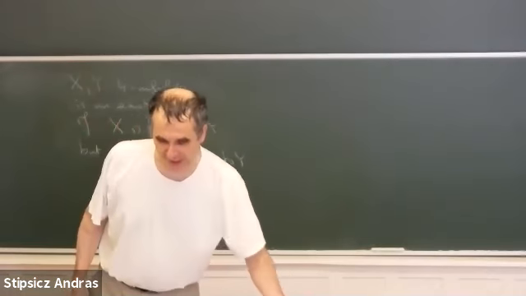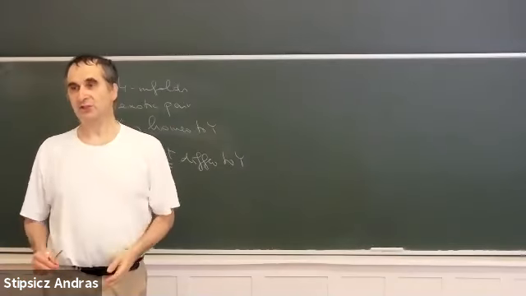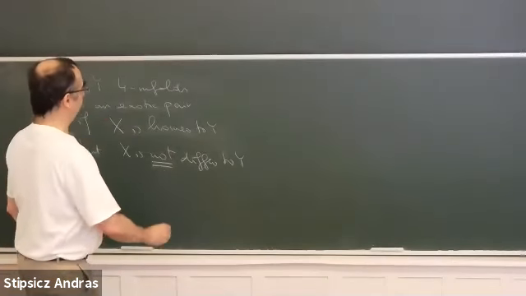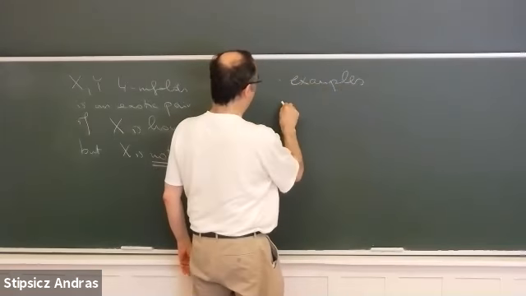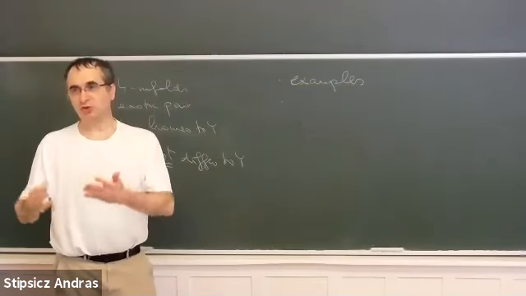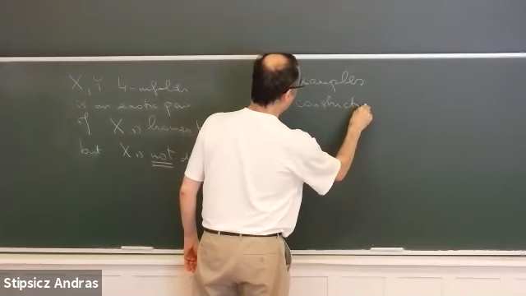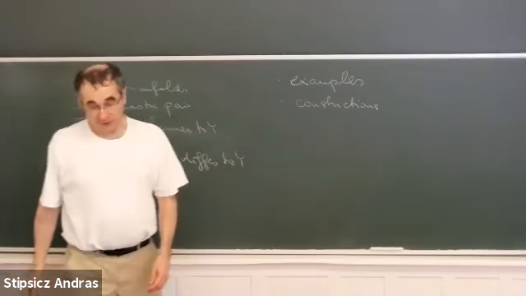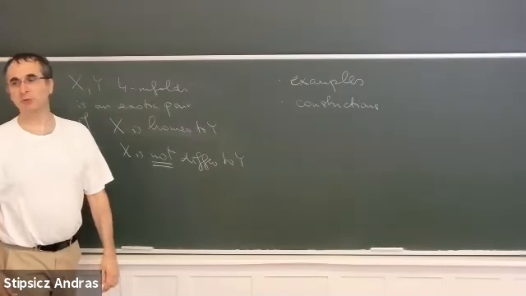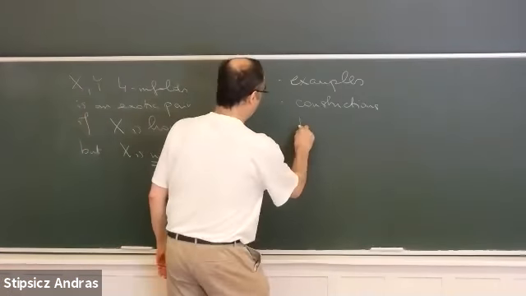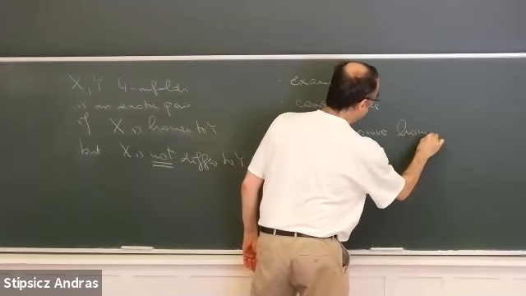In order to address the existence of such pairs, we will need four major steps. We would like to have examples of four manifolds. We will need tools to construct new four manifolds, so some constructions. We will need tools to prove that two resulting constructions give you homeomorphic manifolds, so tools to prove homeomorphism.